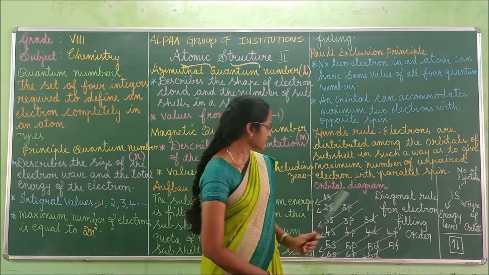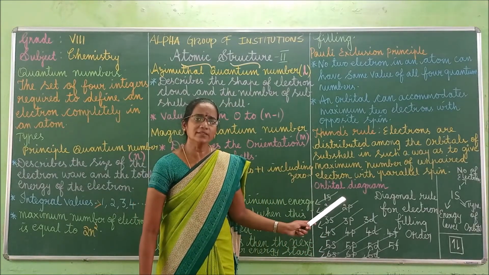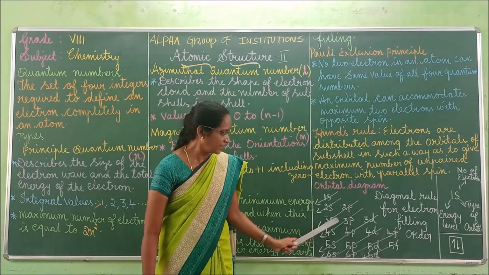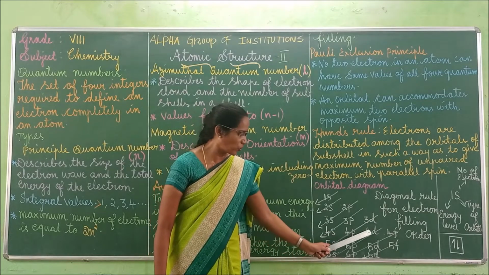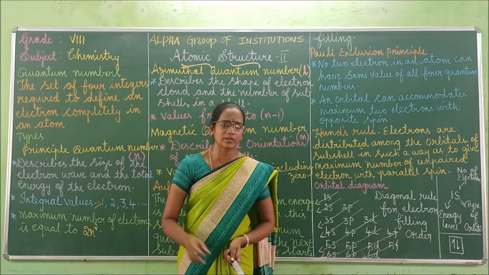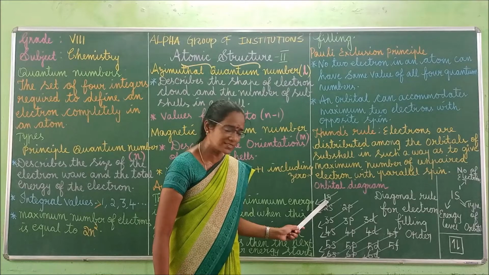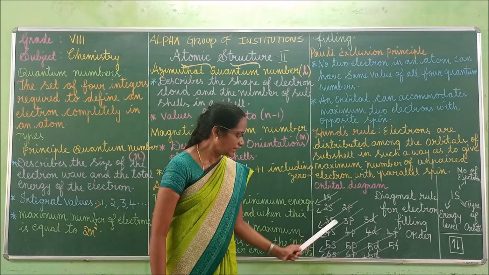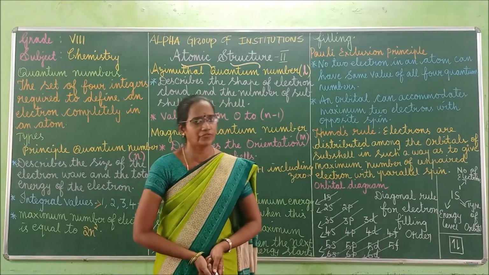In this way, electrons start filling: 1s, 2s, 2p, 3s, 3p, 3d, 4s, 4p, 4d, 4f, and it goes on like that for 5s, 6s. Electrons start filling the 1s orbital first, then 2s, then 2p, 3s, 3p, 4s, and so on.